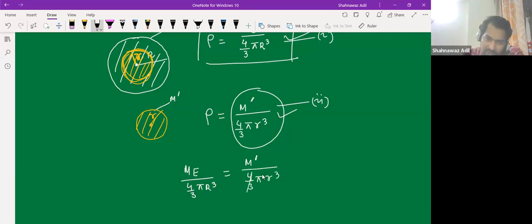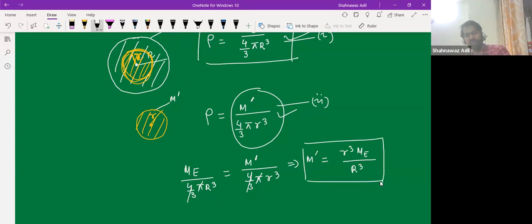So 4 by 3 cancels, pi cancels, and M prime would be r cube times the mass of the earth divided by the earth's radius cube. So just remember this relation, that would be very useful. We will use this relation at some point.